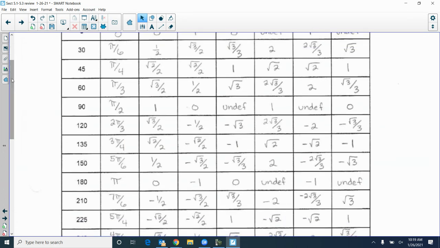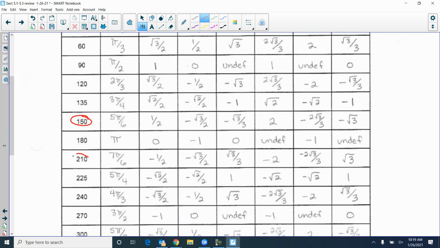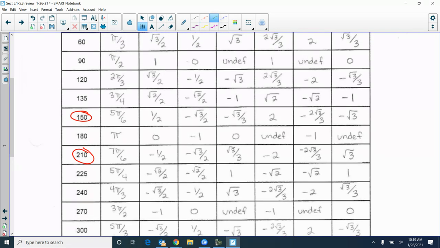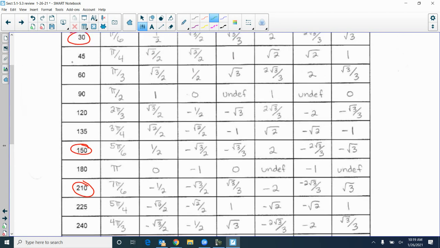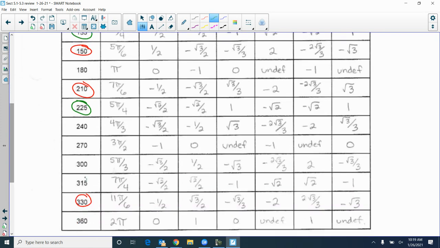Now remember, you have your angle families, I guess you can call them. 30 degrees has to be the same as 150 and 210 and 330. Everything's going to be the same all the way across, with the exception of positive and negative signs. And then you got 45, 135, 225, and 315.